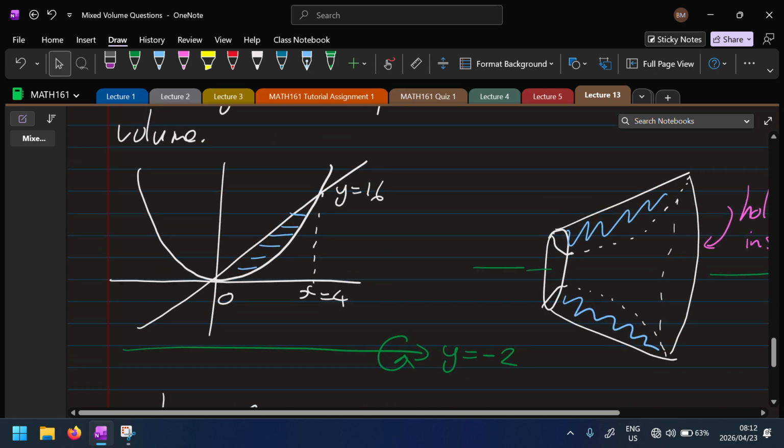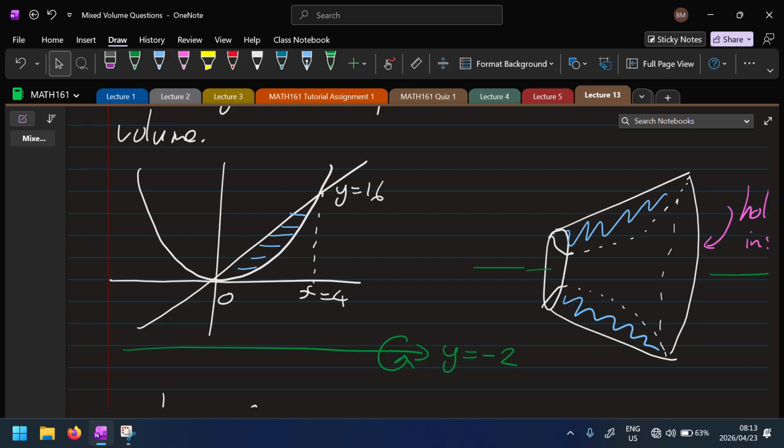Okay. So we're going to slice this vertically. What are the cross sections going to be? Not circles. We chop it vertically because we're going along that axis. So you cut this vertically, what shape do we get? Think about it, picture it in your head.